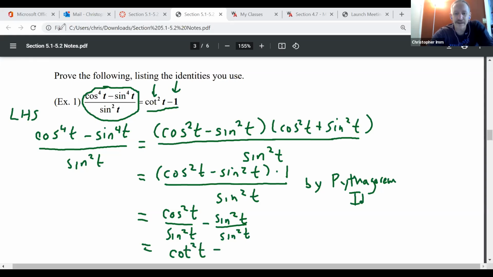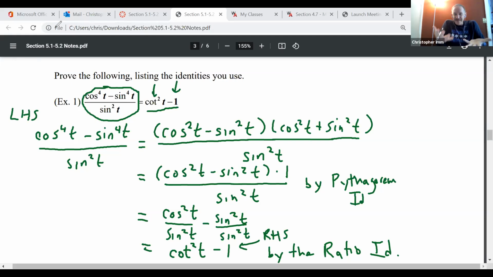And then another algebraic identity there. Of course, when we take something and divide by it, we get 1. So we could say that that's true, and that gives us the right-hand side. And finally, we would say by the ratio identity. So we use one other trigonometric identity there. Okay.